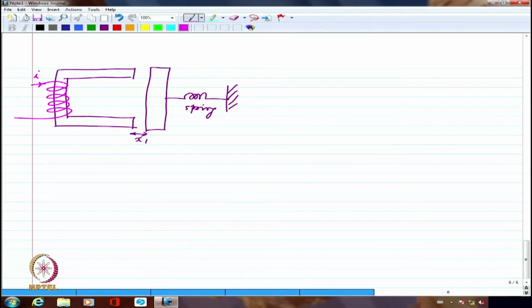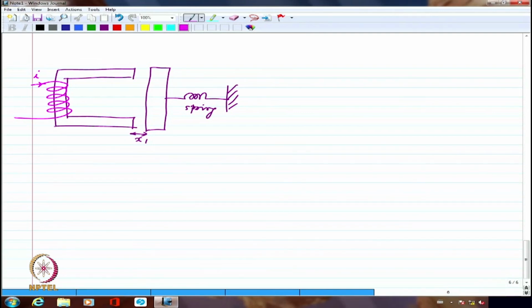So from x1, it moves to a distance x2, which is less than the original x1.